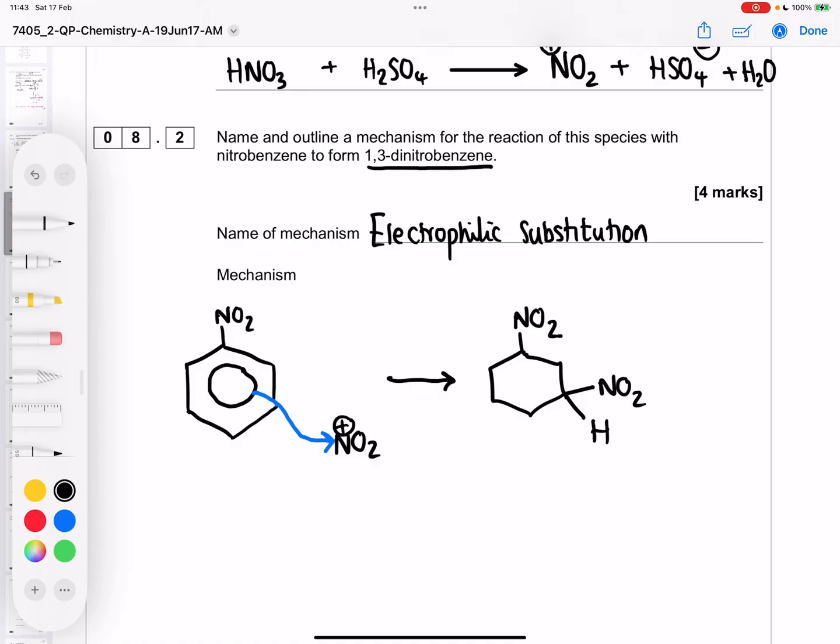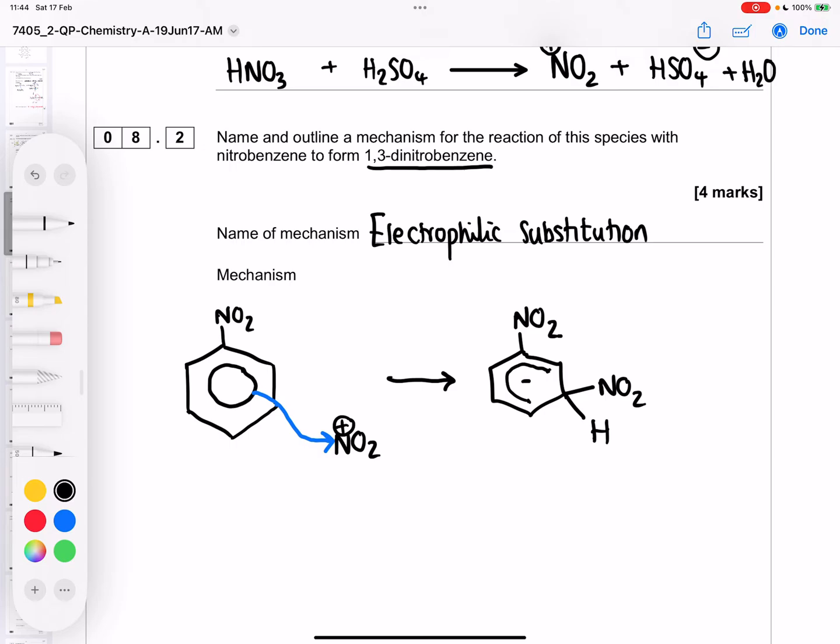Now in this intermediate, the mark is for your pi bond needs to extend from the 2 carbons either side of the additional group. It doesn't help that my ring's not very symmetrical here, but can you see how I lined up with the 2 carbons either side of the addition and I drew a horseshoe.